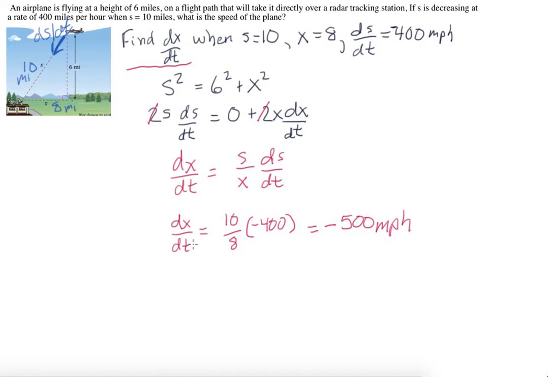Now, if it asked for velocity, we would be done, but since it's asking for speed, speed is again the absolute value of velocity, and so our answer is simply 500 miles per hour.